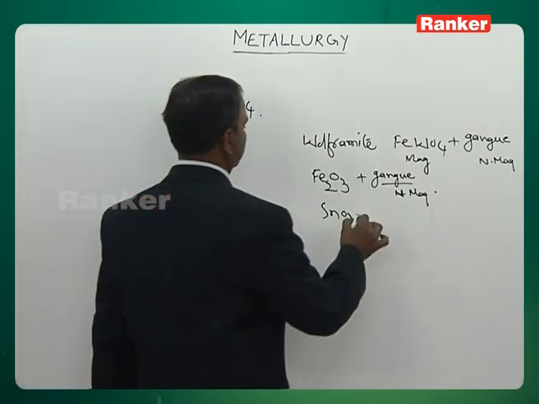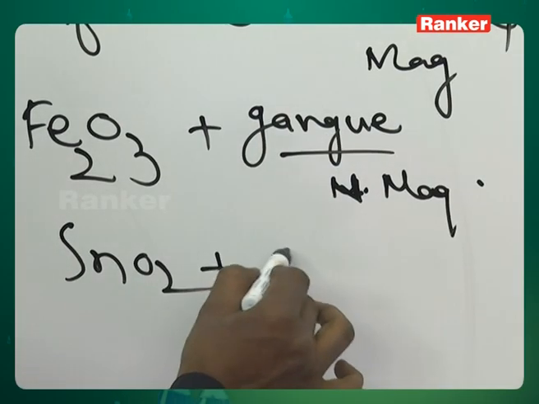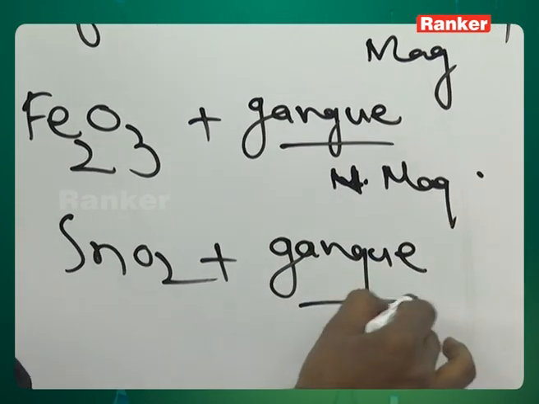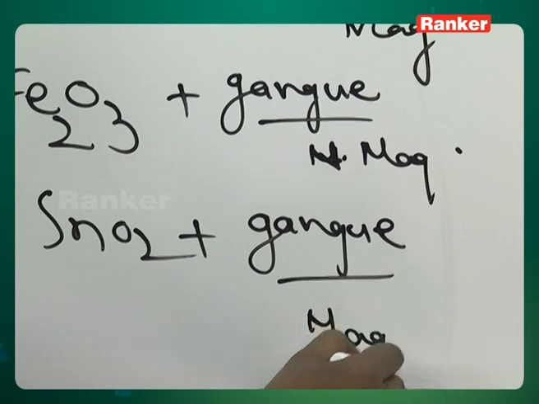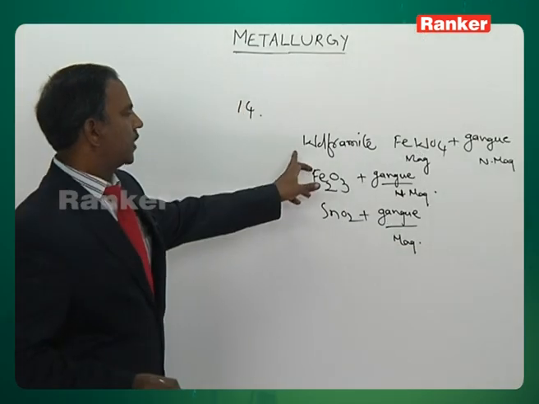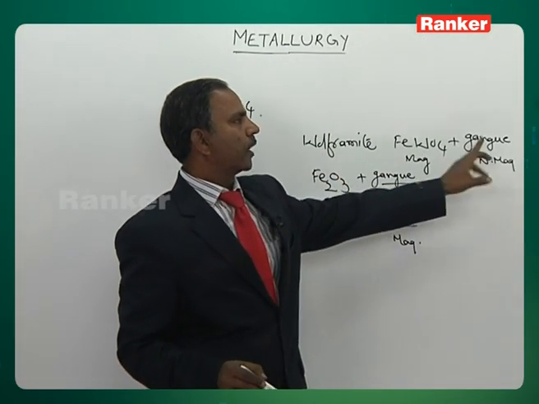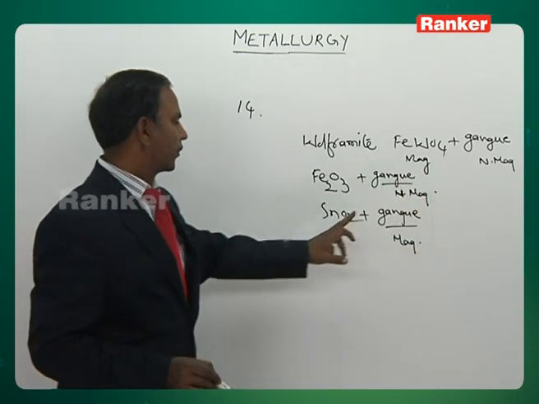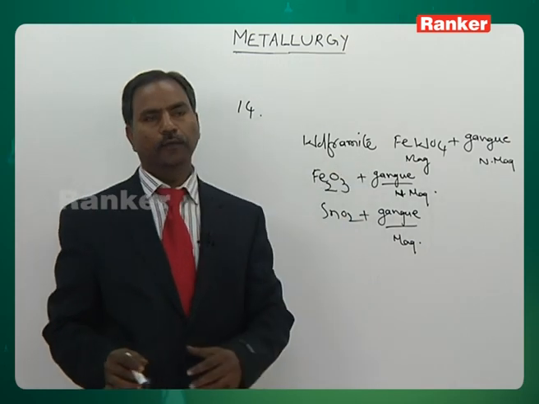SnO2 often carries some magnetic gangue. Wolframite is carrying some non-magnetic gangue, hematite is carrying some non-magnetic gangue, and SnO2 is carrying some magnetic gangue.